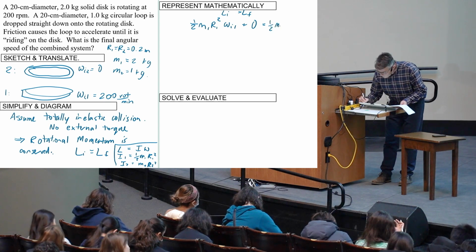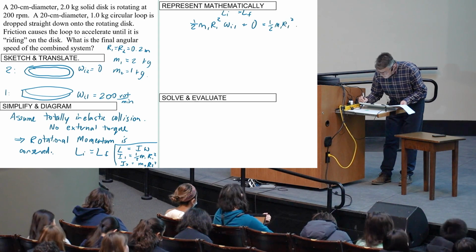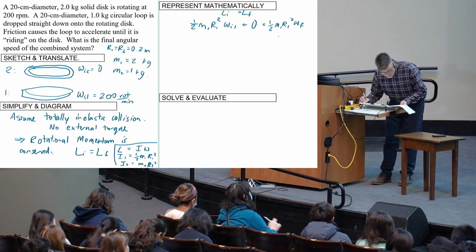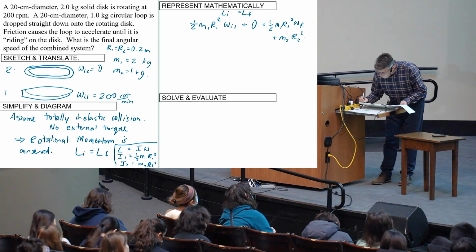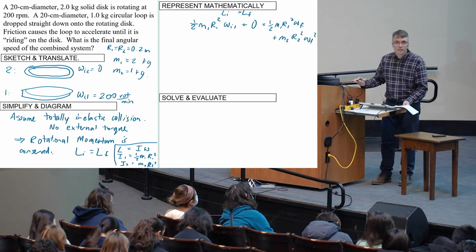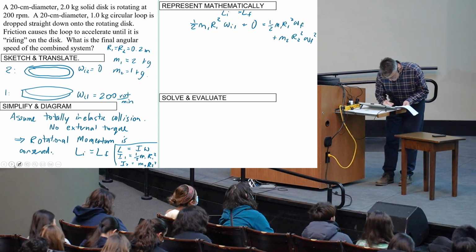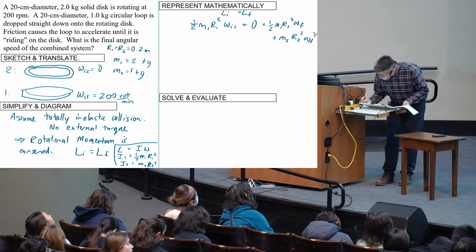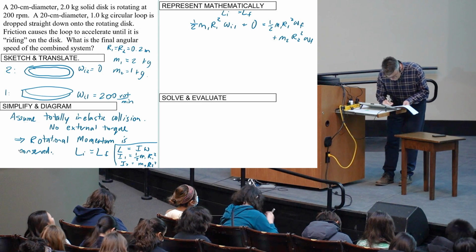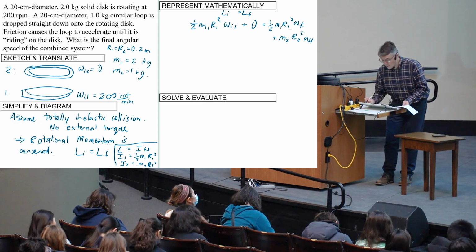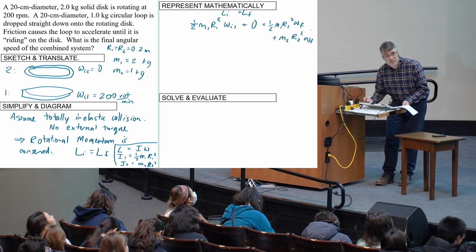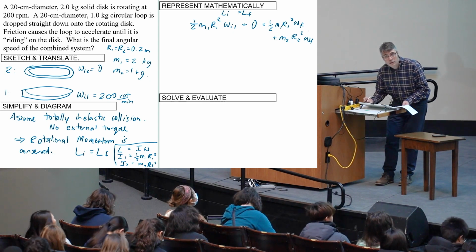So it's 1/2 M1 R1 squared omega final plus M2 R2 squared omega final. I'm just going to add them up. Don't square the omega. Just going to add them up, same as you would do with the Toyota and the Hummer. They're now together, and they both have the same final velocity.